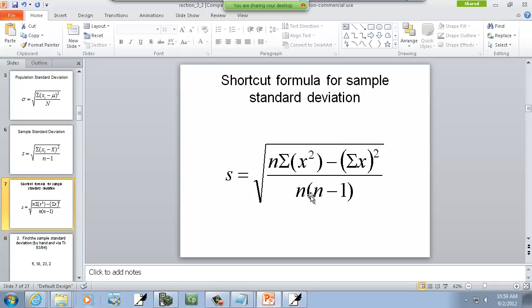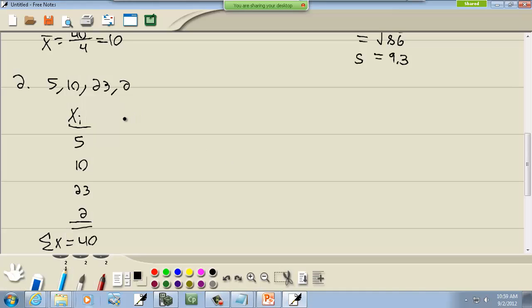Now n, I know that's how many we have. Now this is sigma x squared. So I'm going to square each one of my x values: 5 squared, 10 squared, 23 squared, and 2 squared. 5 squared is 25, 10 squared is 100, I have no clue about 23.